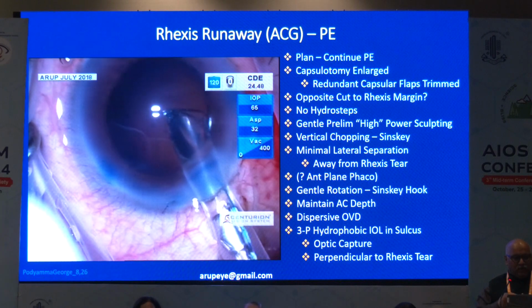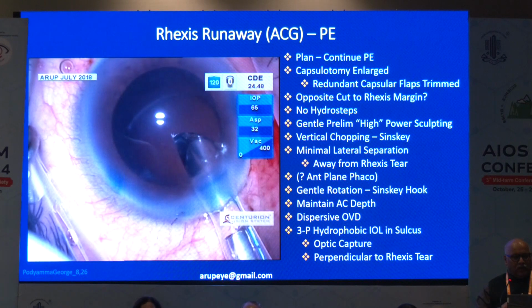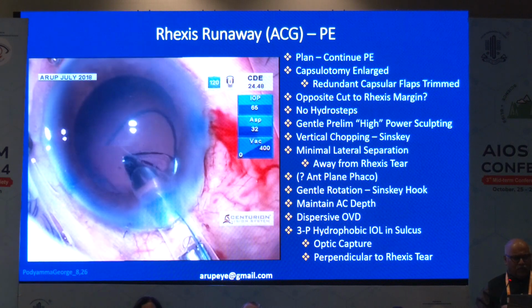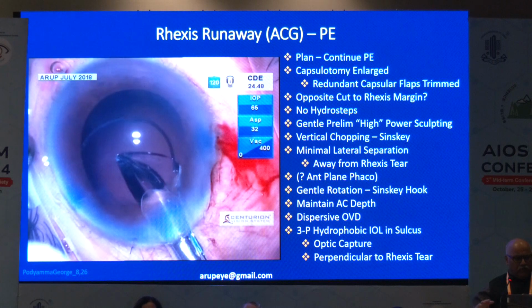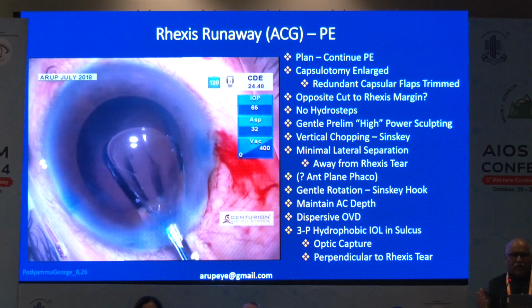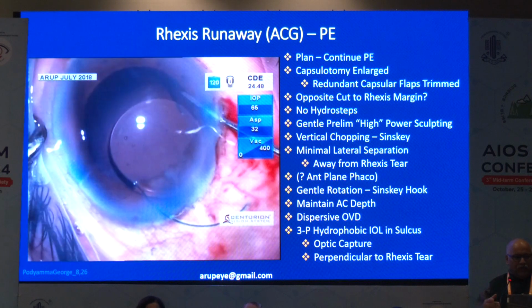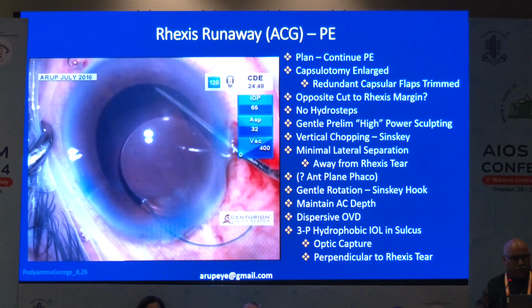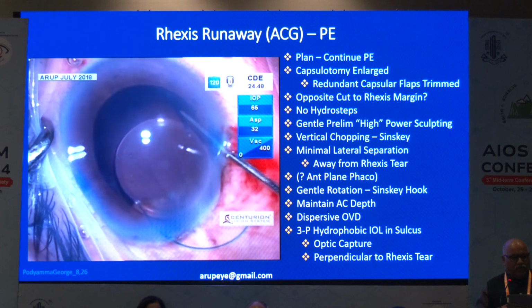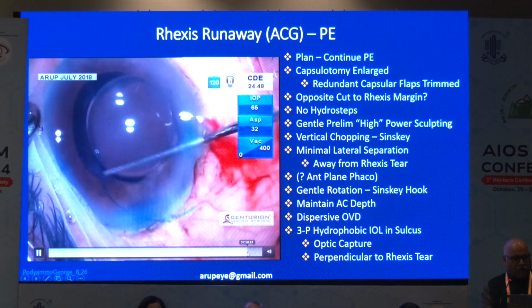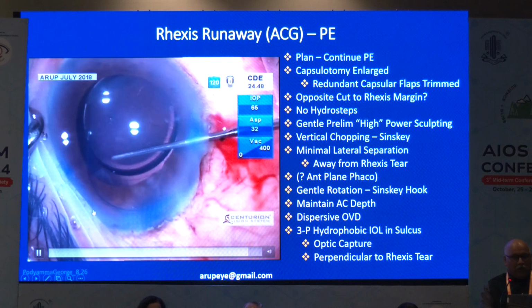The leading haptic was now, I thought I had kept it in front of the capsule, but so much manipulation was involved in pronation and supination of the joints that at one point I was not really sure where the leading haptic landed up. So I injected some more OVD, and then I brought it up with the Sinskey hook from the side port into the anterior chamber. The trailing haptic was kept by a compression technique.